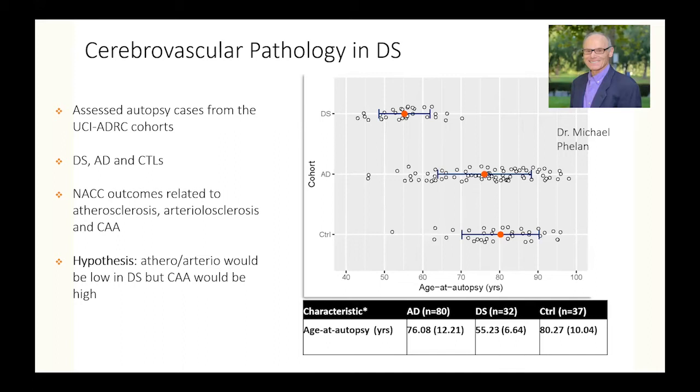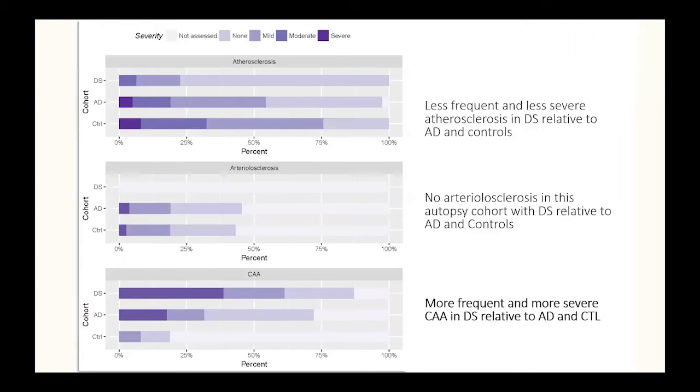We hypothesized that atherosclerosis and arteriolosclerosis would be lower in Down syndrome compared to sporadic Alzheimer's disease, but that cerebral amyloid angiopathy, in contrast, should be higher than sporadic Alzheimer's disease. And it turns out our hypothesis was correct. When we look at these graphs, we have the severity of the pathology, so mild, moderate, and severe.